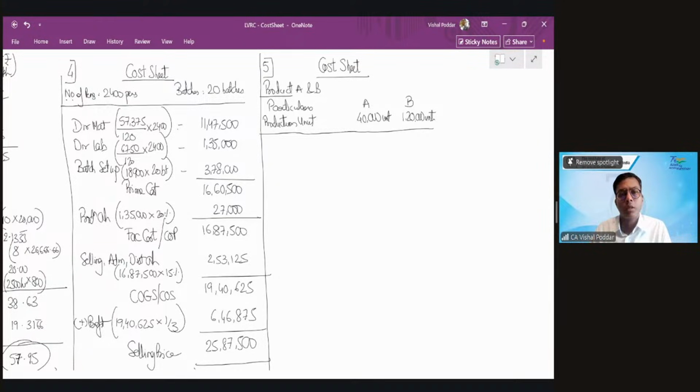Now, direct material, prime cost. Production overheads.